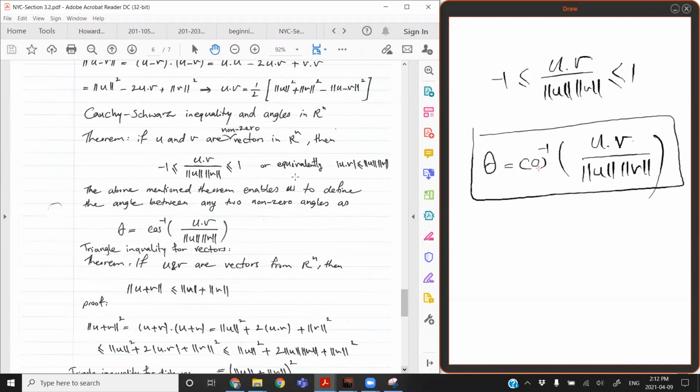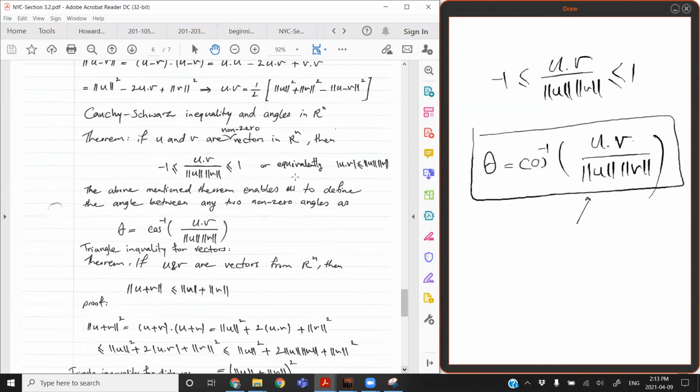So the domain of this function is from -1 to 1. The theorem guarantees that what I have inside the brackets is never less than -1 and never greater than 1. So we can use this to be the angle between two vectors.